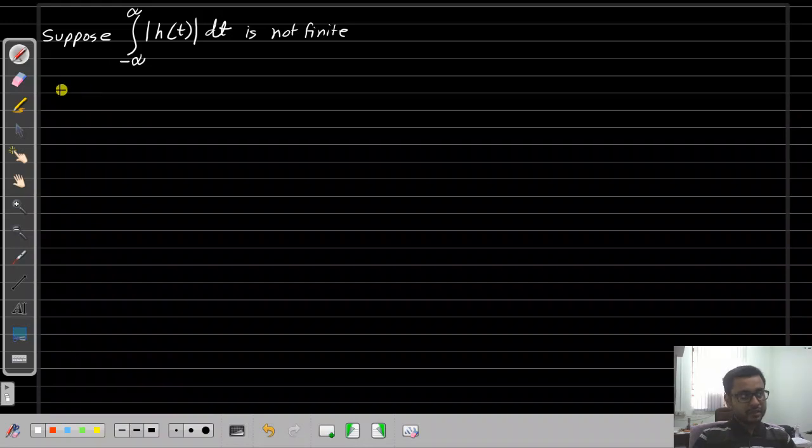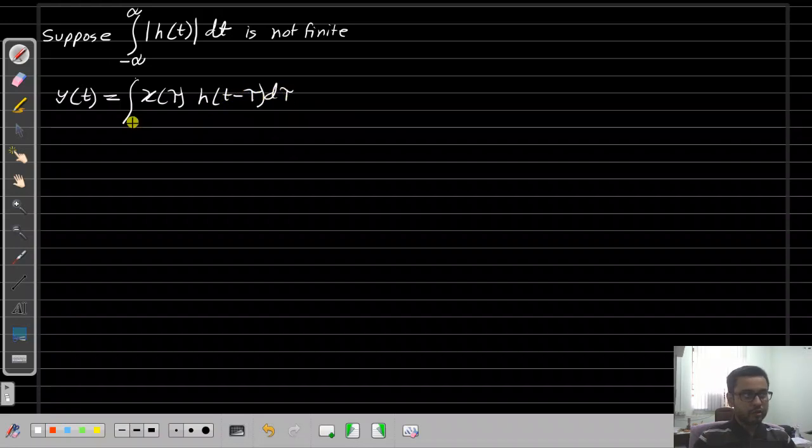For that, let me first write y(t) equal to the integration of x(tau) h(t minus tau) d tau from minus infinity to plus infinity, and let us consider output at one particular time t equal to 0.